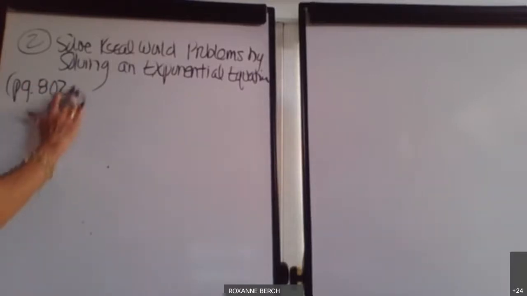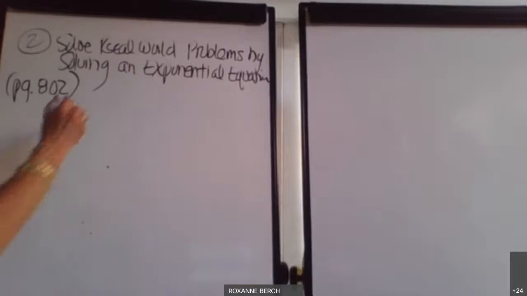Okay, it's just an example on page 802. Let's read it. I'm going to write down information as we go along. So it says, suppose that 250, well, first let me write down the equation.